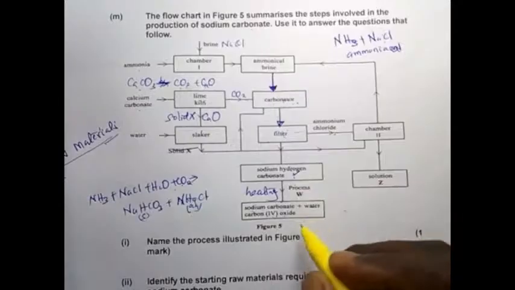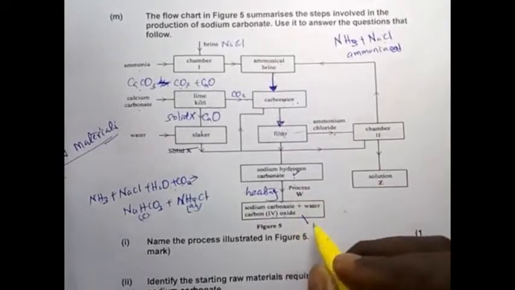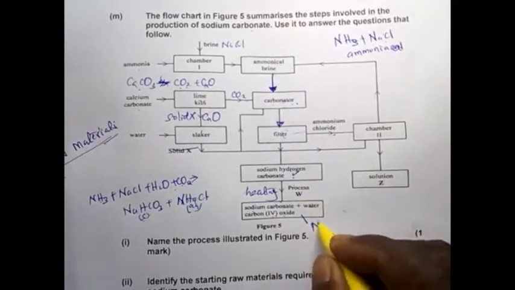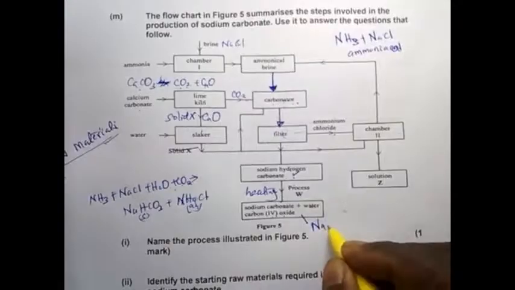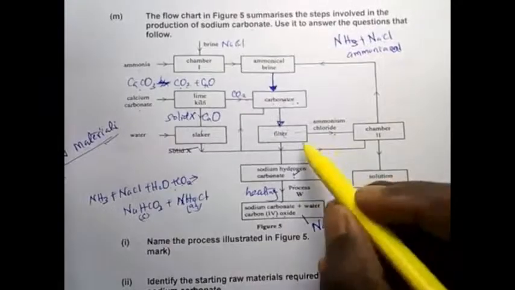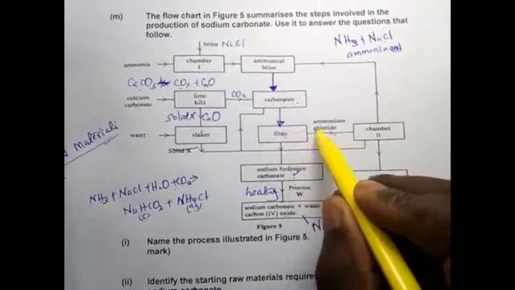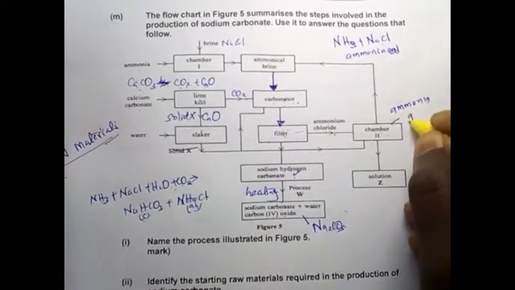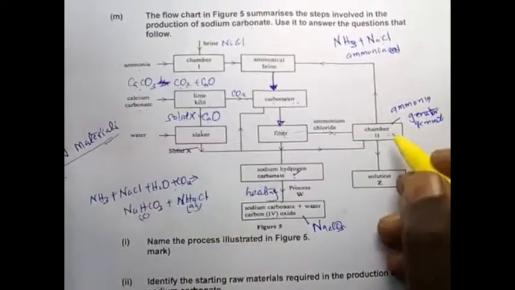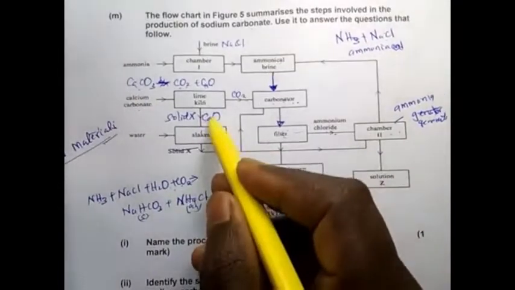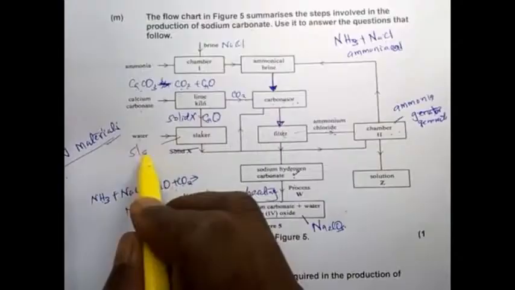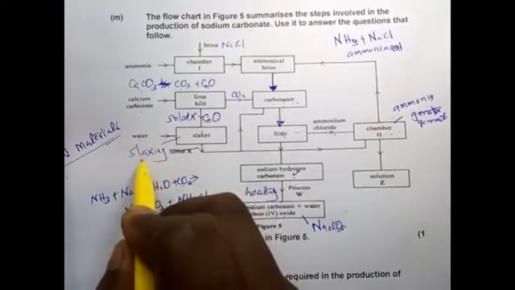So we have finished here. We have obtained the final product, sodium carbonate. The next one is the ammonia generator. So what happens in the ammonia generator?